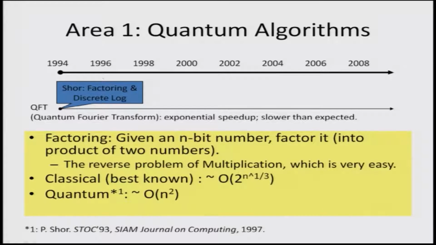The basic discovery came in terms of the quantum Fourier transform implementation as well as error analysis, which he was able to show successfully in 1994.